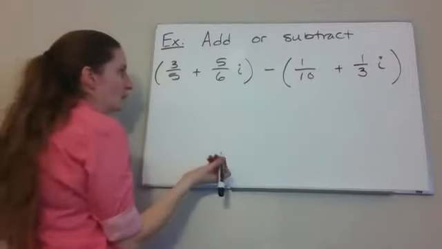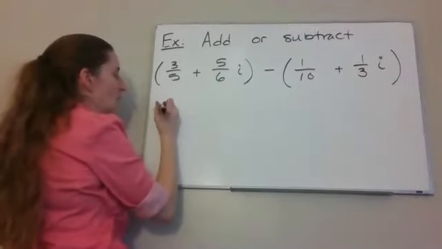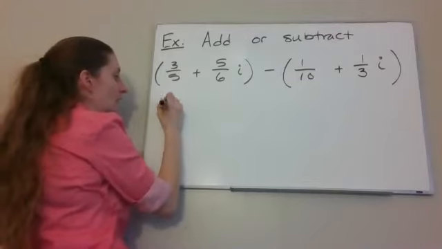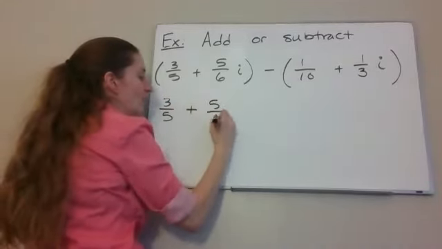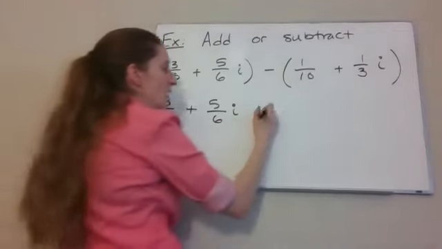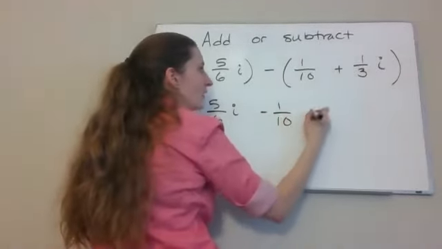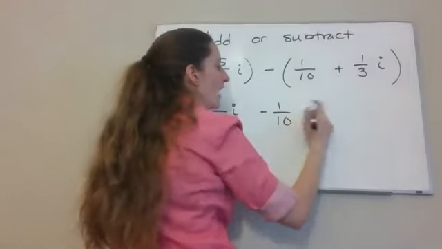So the first thing I'm going to do again is rewrite it without parentheses. So I'll have 3/5 plus 5/6i minus 1/10 minus 1/3i.